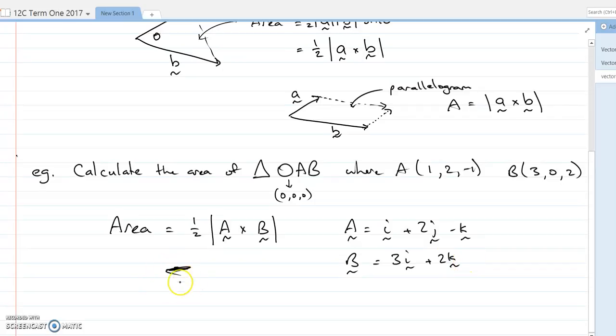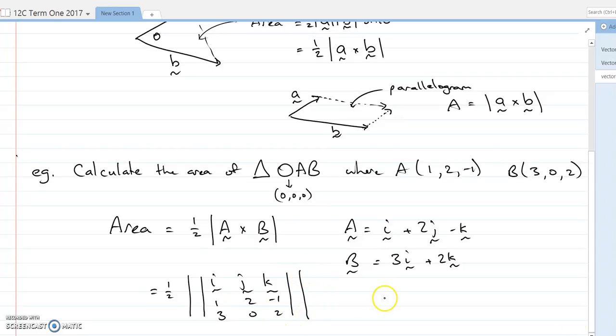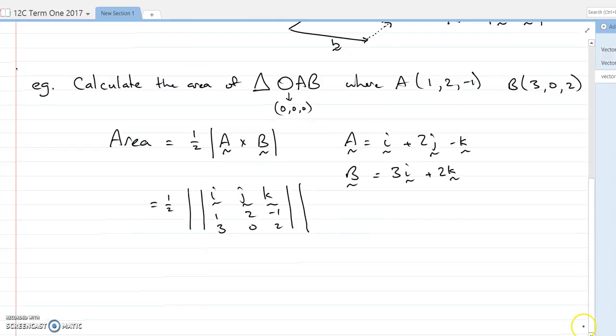Okay, so this area is 1/2, and the magnitude now, we're doing this determinant. So really we need a magnitude, and we're doing another magnitude inside that. A bit confusing, but we've got this i, j, k, 1, 2, -1, 3, 0, 2. Just to explain again, this inner set of lines is my determinant, the outer set is the magnitude.